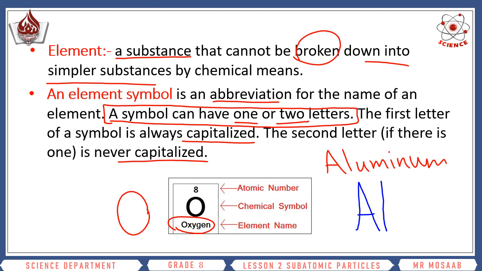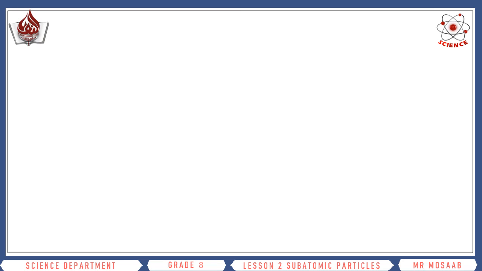Another example, sodium. Sodium has two letters, so the first letter will be capital N, followed by a small letter a. The symbol for sodium is Na. The first letter N is capital, and the second is small.